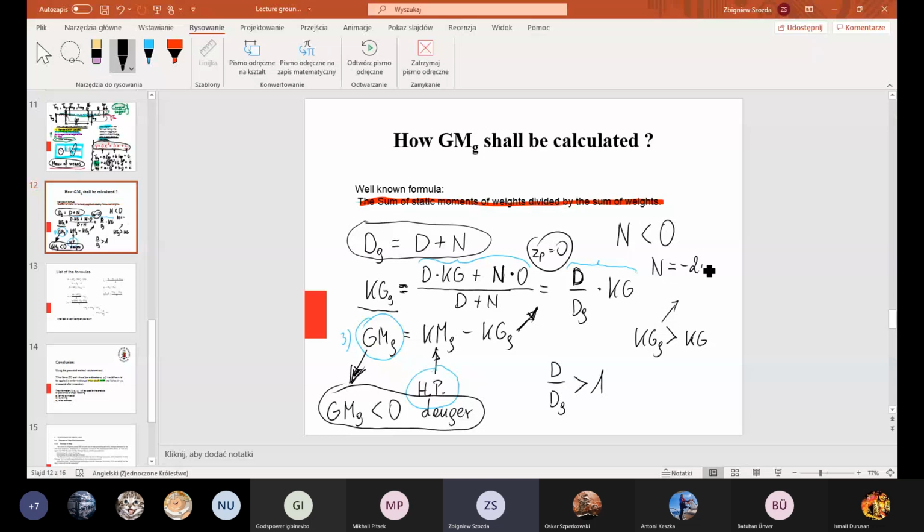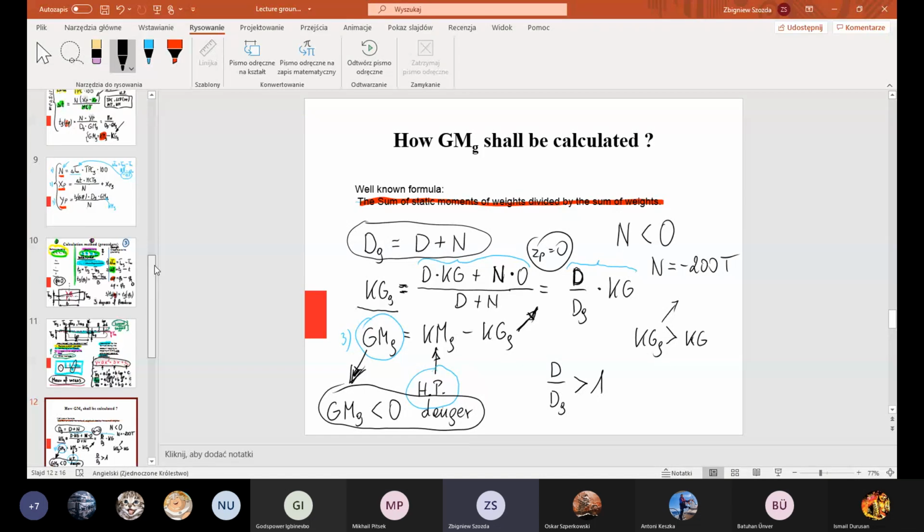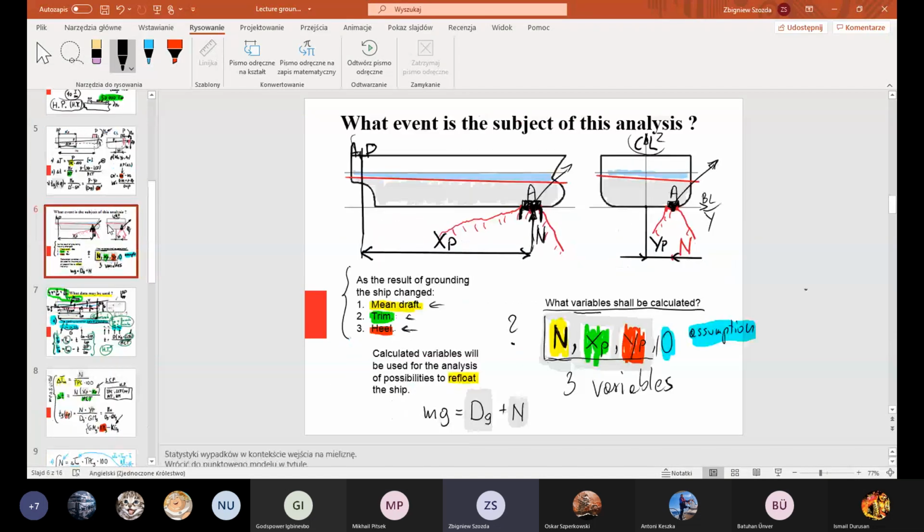Okay, yeah. So yeah, it is obvious. Yeah, so dg is smaller than d, and I think this drawing here also shows this idea.